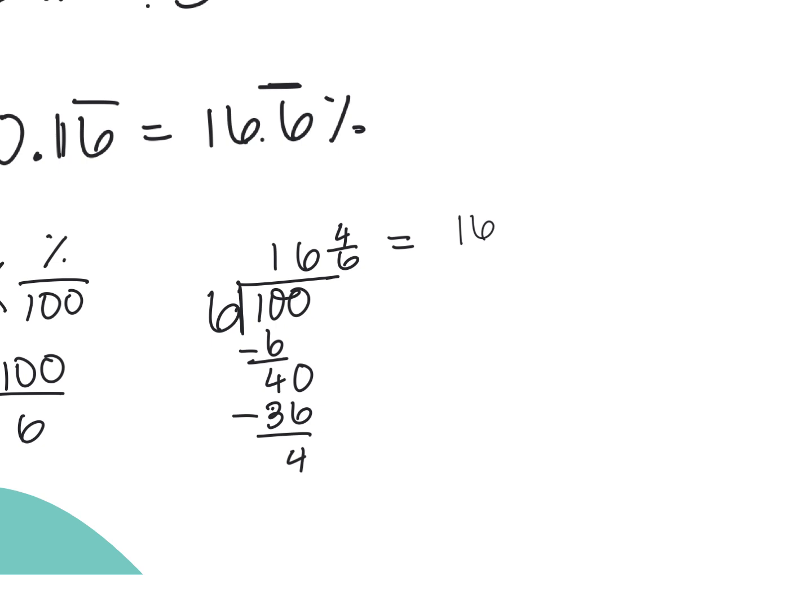What's 4 over 6 simplified, guys? 2/3%. Your homework could also ask you to round to the whole number. The whole percent will be 17%. Okay, that's the whole number.